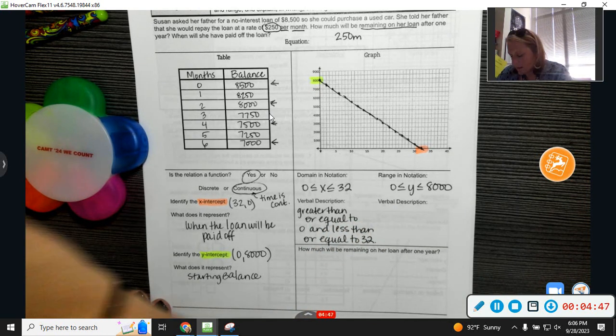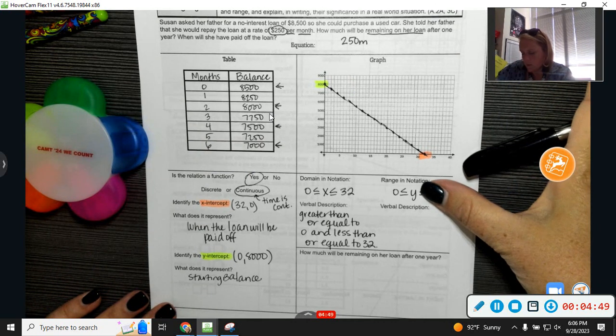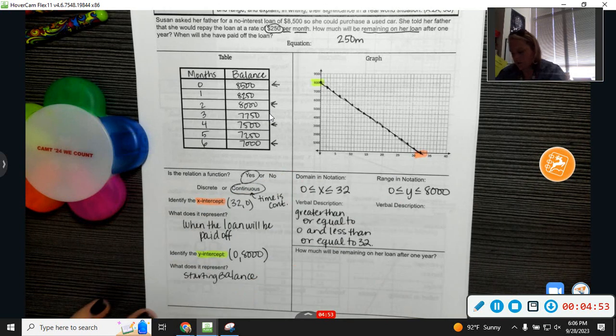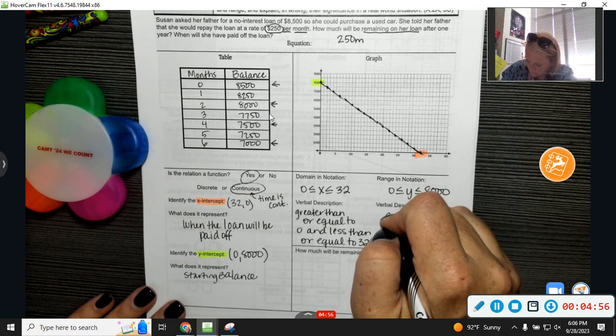Again, remember we cover up this inequality and we say it: y is greater than or equal to 0, and then less than or equal to 8,500.